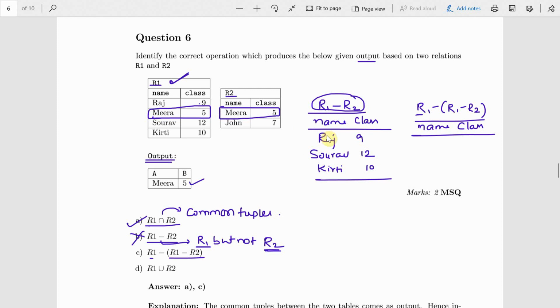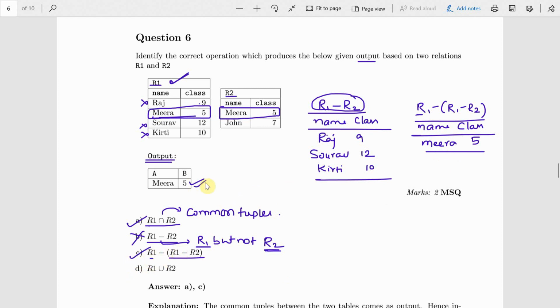Raj 9 is there in both R1 and R1 minus R2, so Raj 9 will not be in the output. Mira phi is there in R1 but not in R1 minus R2, so Mira phi is in the output. Saurav 12 is there in both, so it is not in the output. Kirti 10 is there in both, so it is not in the output. So the output is just Mira phi. That is this answer. So option C is also correct.